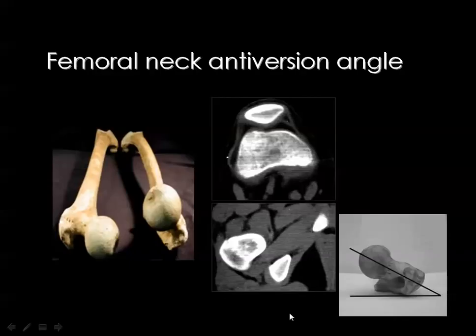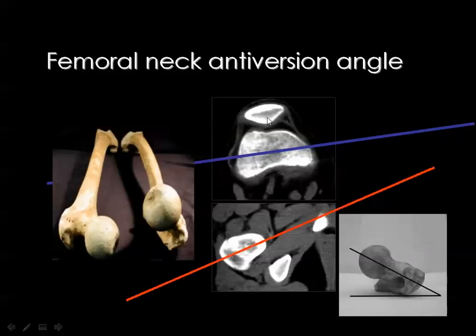We put the patient in the supine position on the CT machine. We have the scanogram, then we have sections in the hip and sections in the knee. Then we draw a line in the middle part of the femoral condyle at the level of the patella, and another line going through the femoral neck.